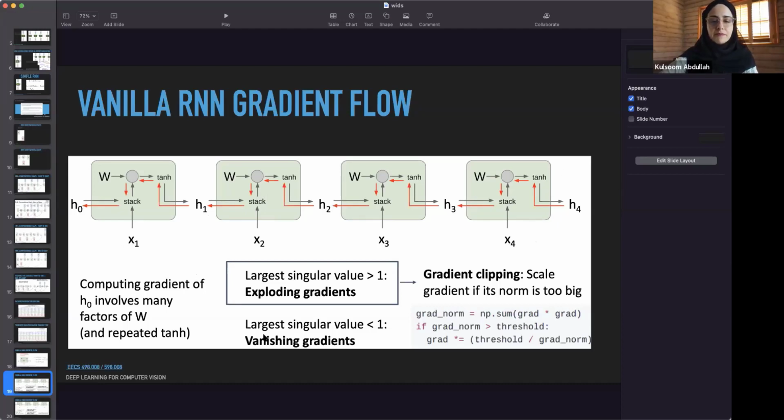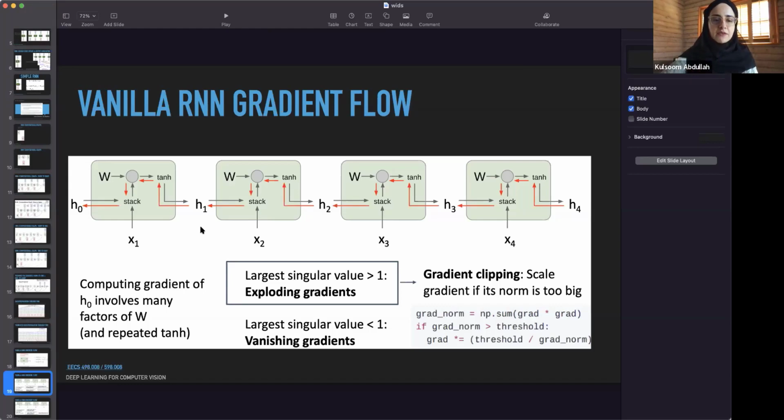So the problem with this is that because you're doing many multiplications of this weight matrix, and it's going to be the same one, if the weight values are either greater than 1 or less than 1, you're going to have one of two problems. With greater than 1, the compounding multiplication gives you this exploding gradient.